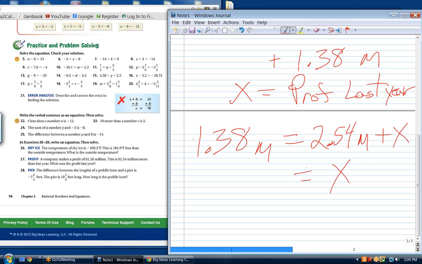You would subtract 2.54 million from both sides. And that becomes... So last year the company didn't make a profit. They actually had a loss of 1.16 million.